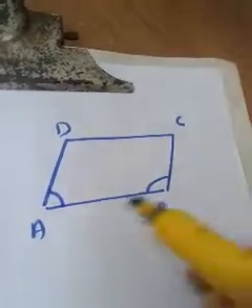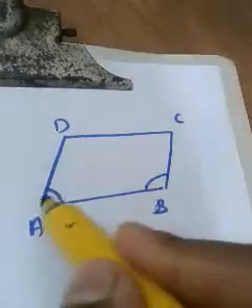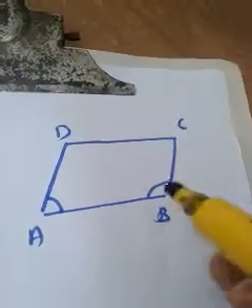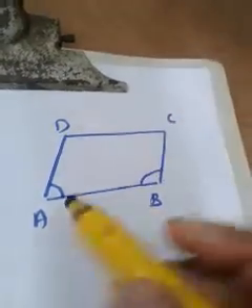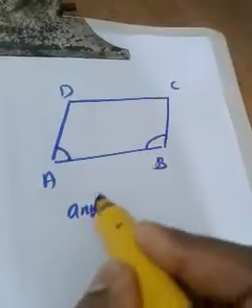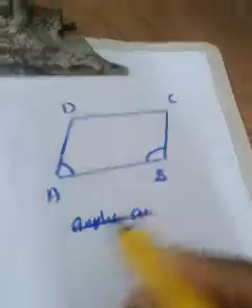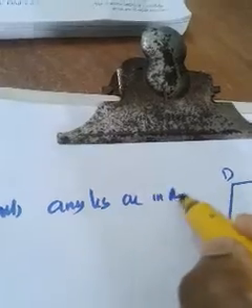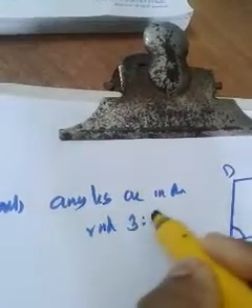Any problem? No. Instead of giving the measurements of these two adjacent angles, they have given the ratio. That means these adjacent angles are in the ratio 3:2. The measurements of the angles are not given.